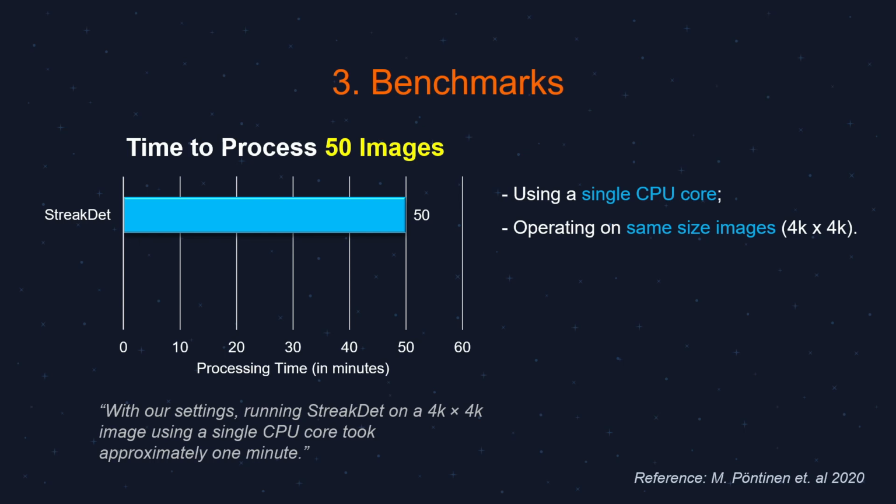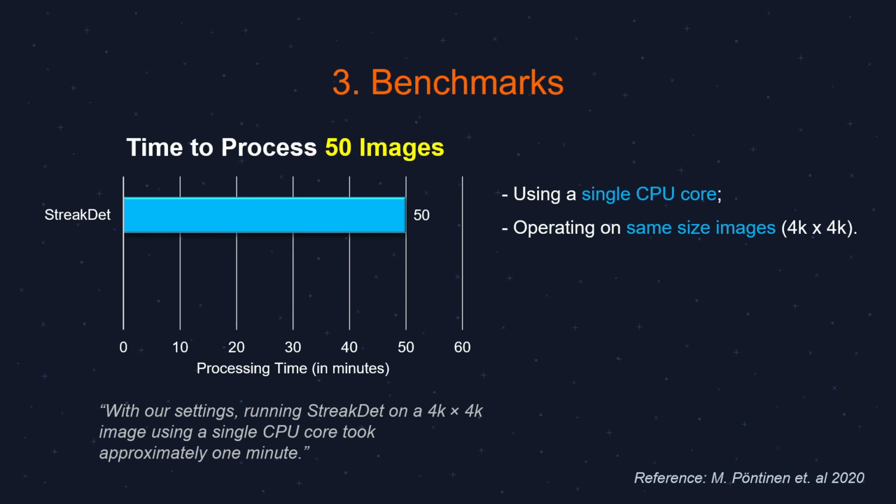Well, I have a few benchmarks here. The first one here is using CPU computation. I will also show in just a moment how it performs in GPU mode. But for this first one, we have a quote here. It says, with our settings running StreakDet on a 4K by 4K image using a single CPU core took approximately 1 minute. So StreakDet is a different detection algorithm, one that is designed to detect strictly streaked objects, as its name might imply.